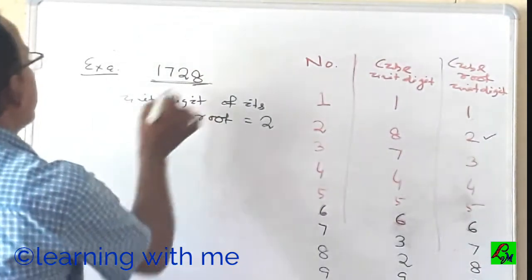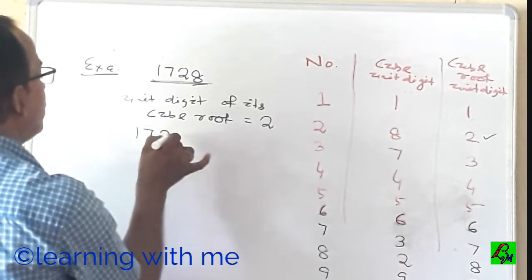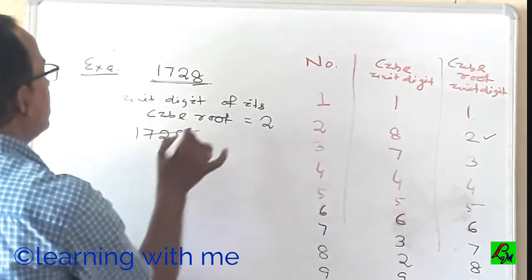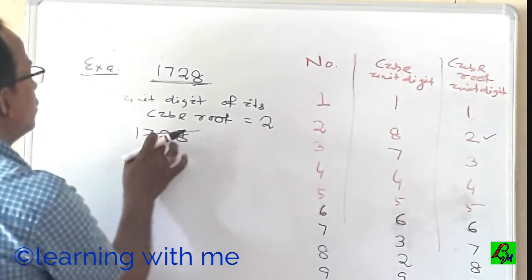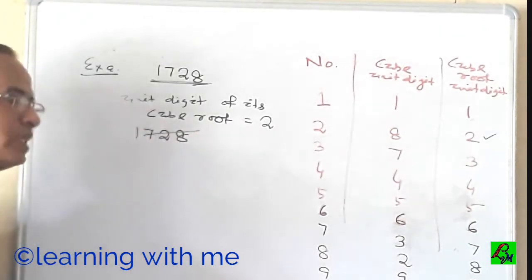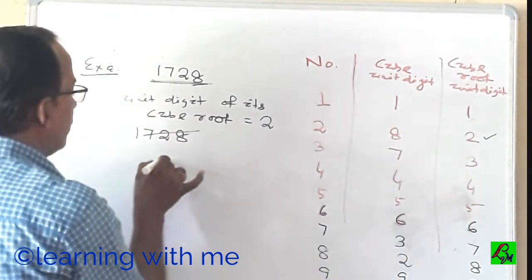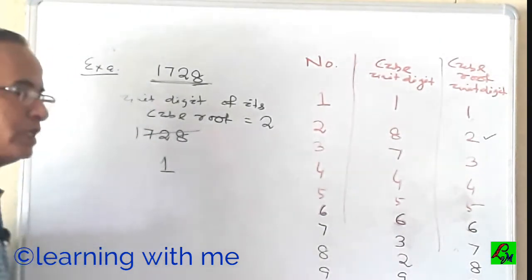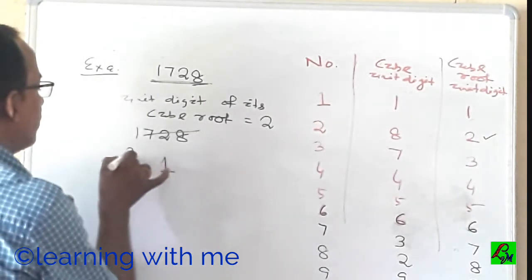Then strike out 3 digits from the right. The number 1728 becomes only 1, and 1 is 1 cubed.